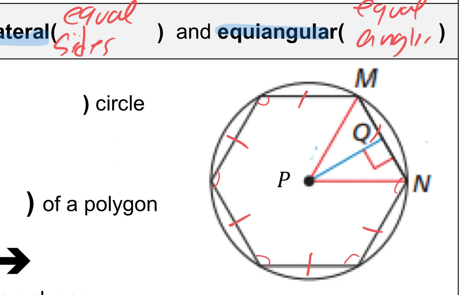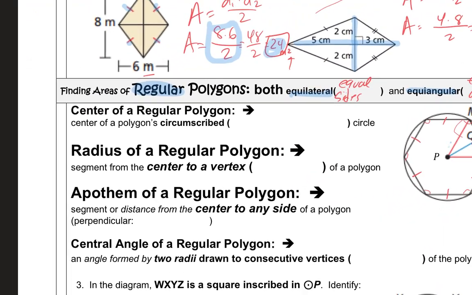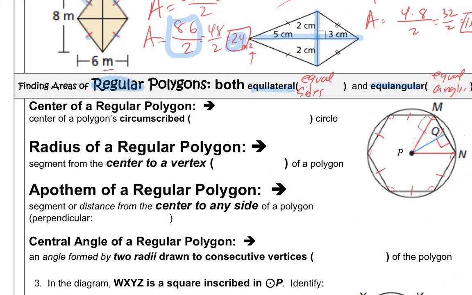So if we're going to say that this is a regular polygon and we want to find the area that's inside here, these are the steps that we need to do. Okay, so this is what we have to recognize. First off, let's identify the center of this regular polygon. So we know the center is, if we have a circumscribed circle, this is a circumscribed circle. What do you think that means?